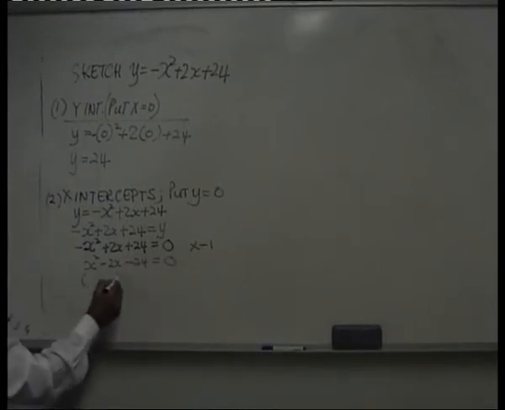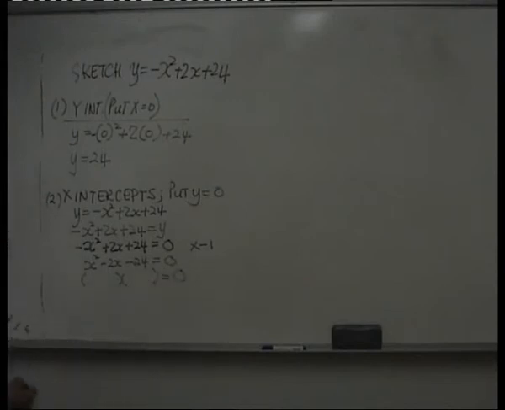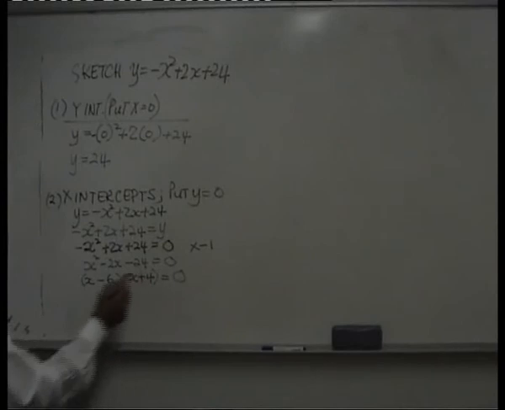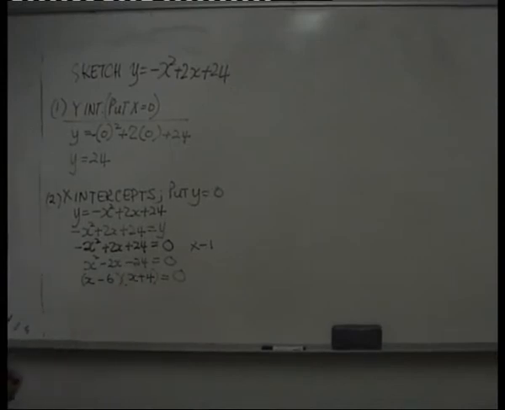And then you factorize. Once again, you've got to know your factorization. If you don't know your factorization, you are in trouble. So the factors over here will be x minus 6, x plus 4. Test. X squared minus 6x plus 4x will give you minus 2x minus 24.